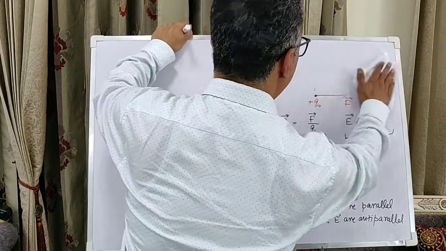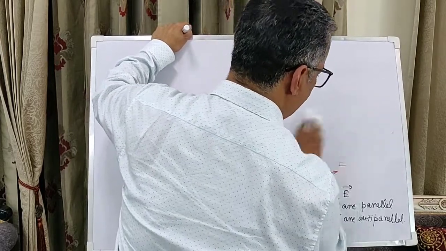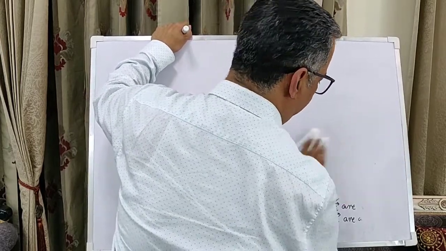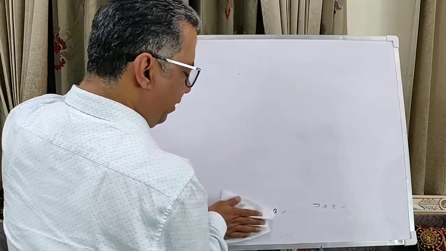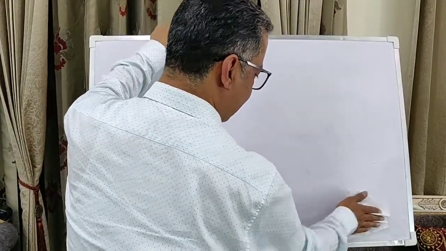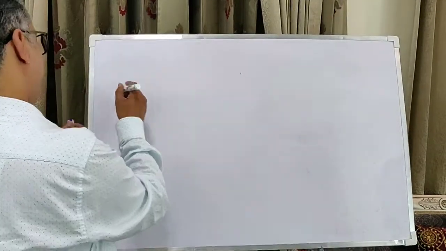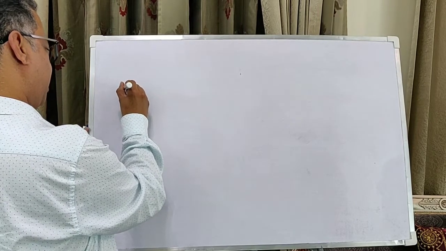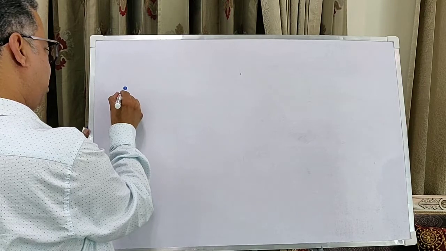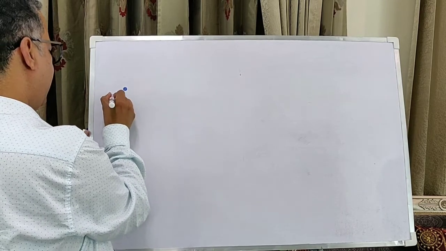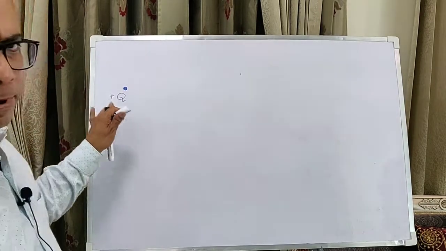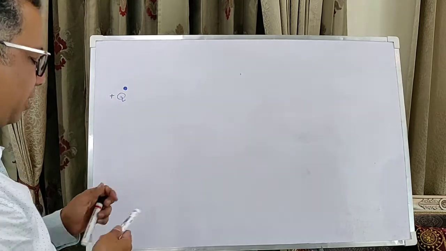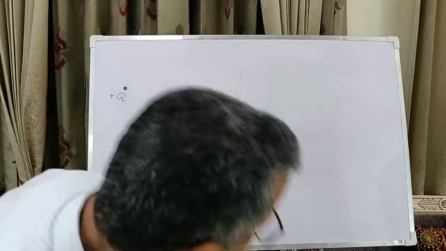For a point charge, we'll be calculating the electric field at a certain distance from it. Let's say this is your point charge, of magnitude Q, and to start with we are taking up a positive charge. Later we'll talk about negative charge as well.